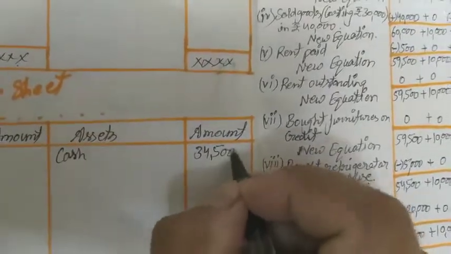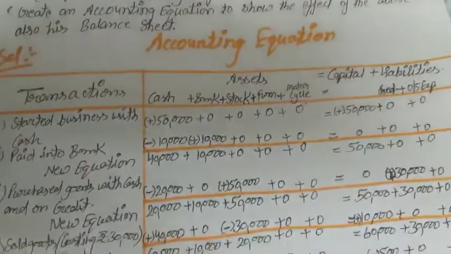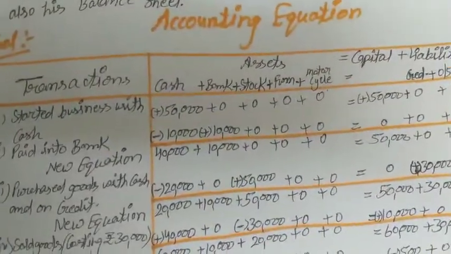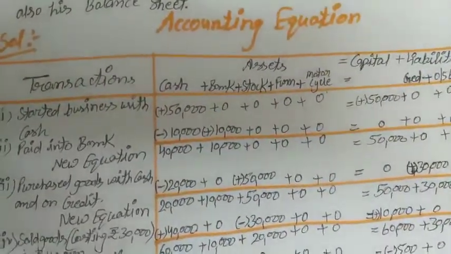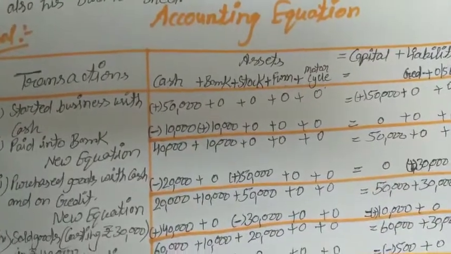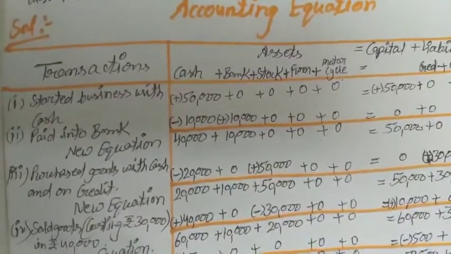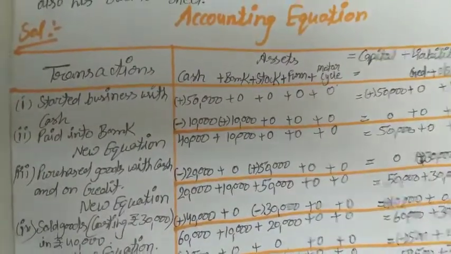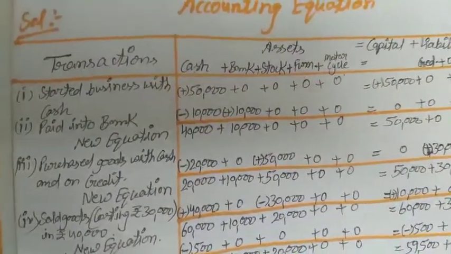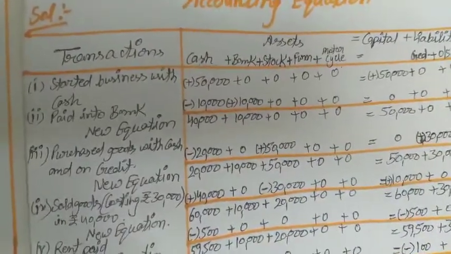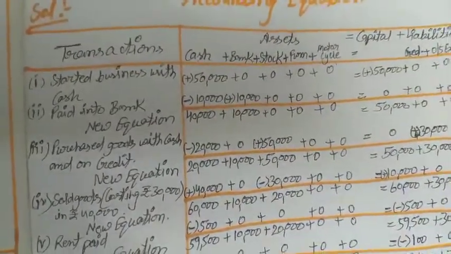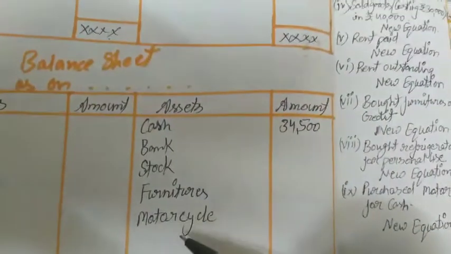Then bank, then stock, then furniture, and then motorcycle. All these things I have written in balance sheet asset side.